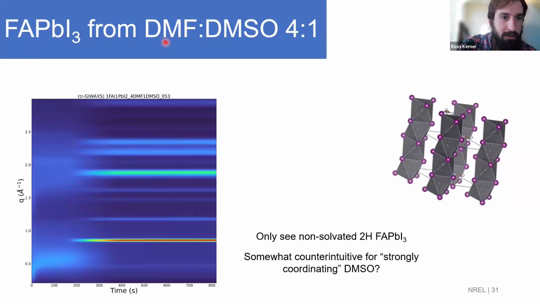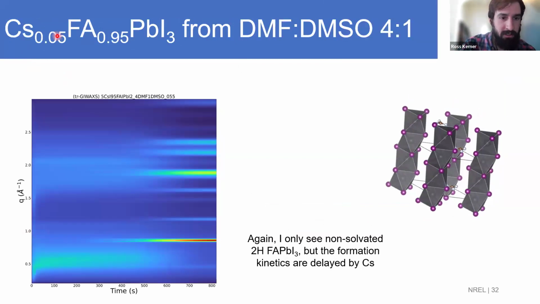So FAPbI3 from DMF DMSO. All you see is the non-solvated 2H phase form. Add a little bit of cesium. Doesn't really change much, but the kinetics are delayed by a long time.